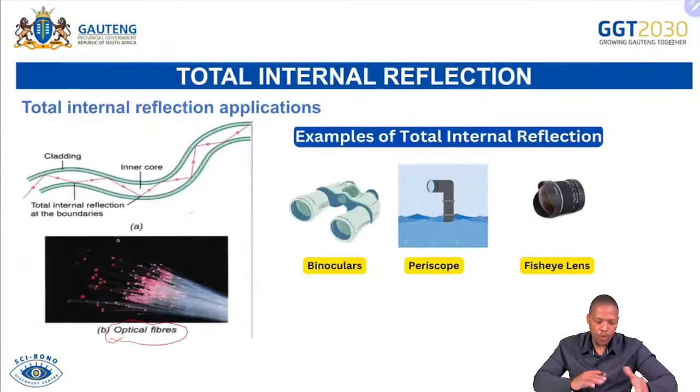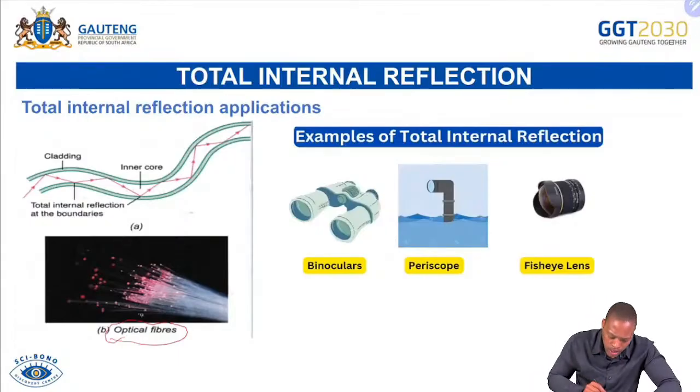These are used for communication, mostly nowadays for internet. You know that when we talk about internet, we say we have fiber and all of those things. The optical fibers are used there.